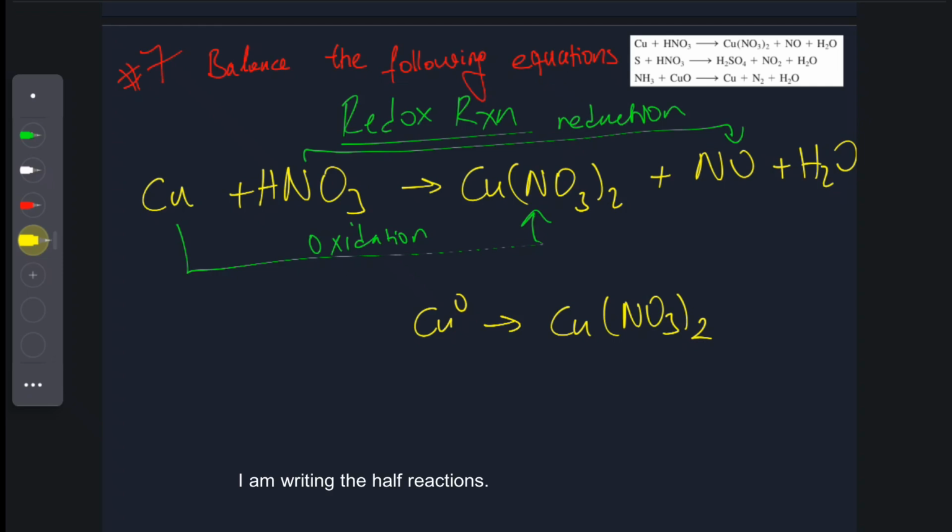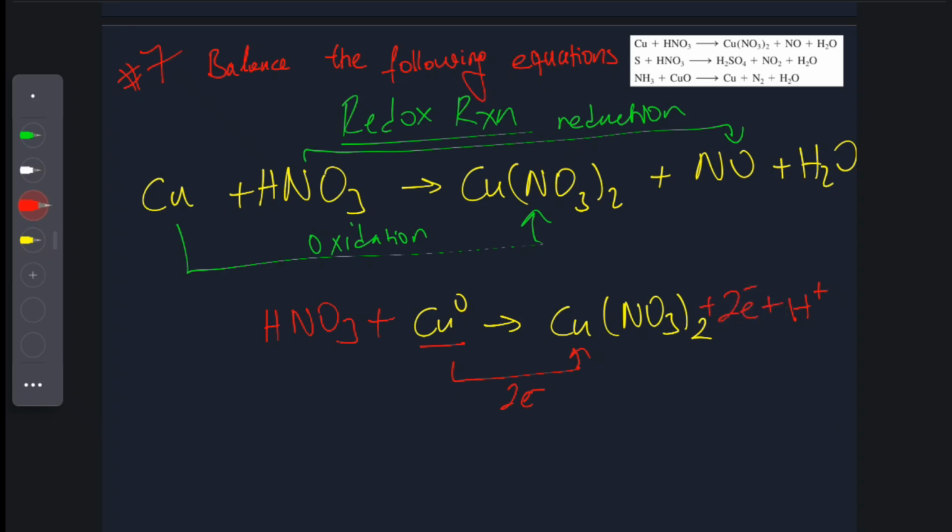Firstly, I should add at least nitric acid. If I add nitric acid, then I should add hydrogen ions here. But I don't know how many. And this copper 0 becomes copper 2 plus, so it should give at least 2 electrons.